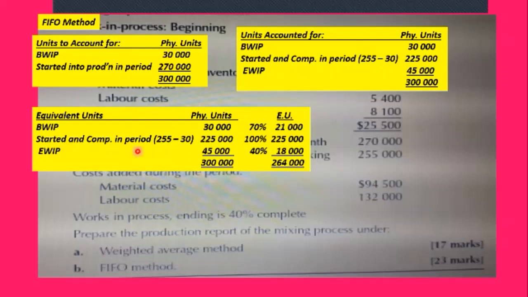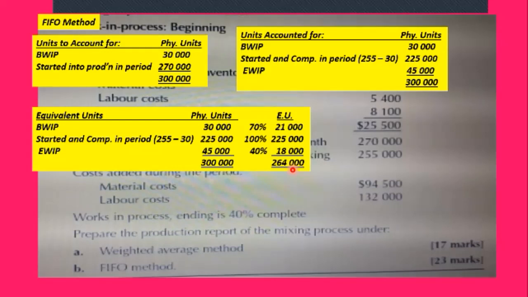And the ending work in process of 45,000 units, we are told that it is 40% complete. So we take 40% of that, which gives us 18,000. When we add them up, we'll get 264,000 equivalent units.